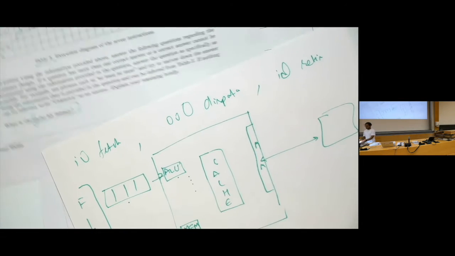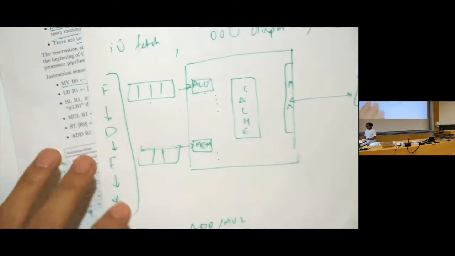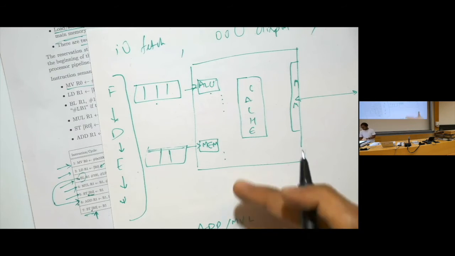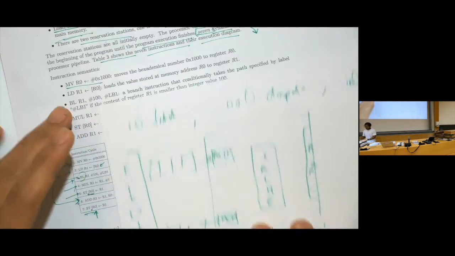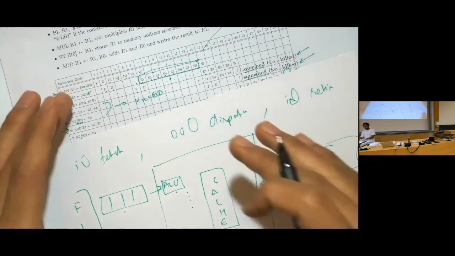What do I mean by concurrently? First of all, I hope you understand Tomasulo and you understand how we schedule on ALU and we schedule on memory. If you are not clear on that, I would be happy to explain it separately after we do the question. But yeah, you have to think about the size of the reservation station. You have to understand how many instructions are in flight or in execution at the same time.